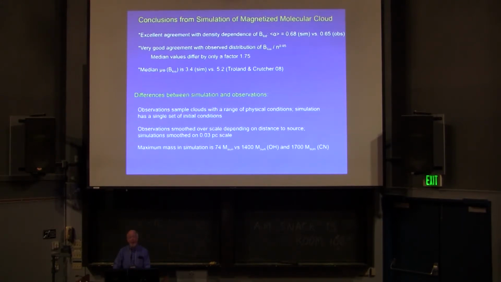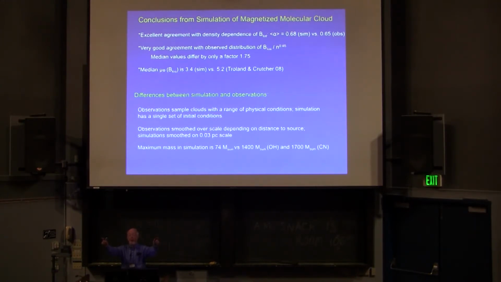Now, there are two factors, I think, that influence that difference. One is that in the observations, as I said, the best resolution that they had was the 0.03 parsecs that we used. But some of the telescopes have bigger beams and some of the sources are farther away. So obviously, as you average over larger volumes, you're going to get higher masses.